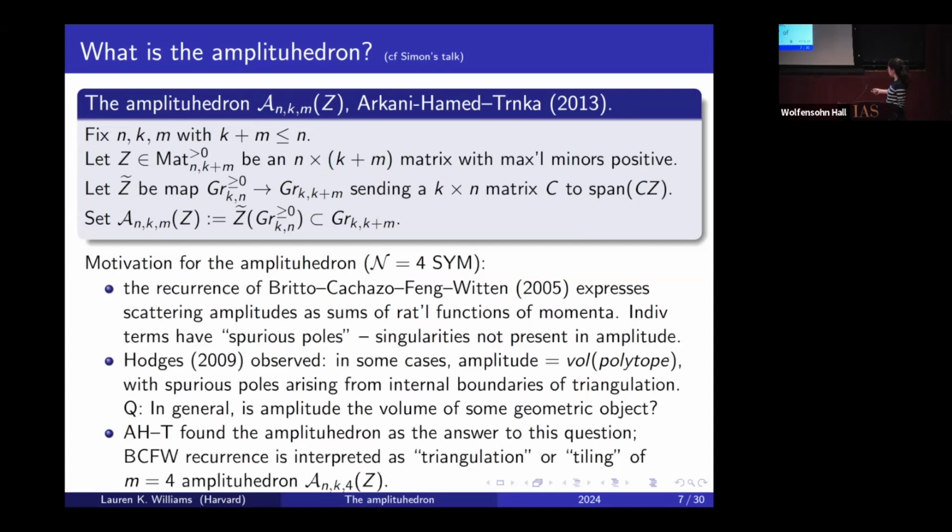And in this setup, the BCFW recurrence gets interpreted as a quote-unquote triangulation or tiling of the m=4 amplituhedron. Okay, so the amplituhedron makes sense for any m, as long as k plus m is at most n, but the one of most interest to physics was this m=4 case.